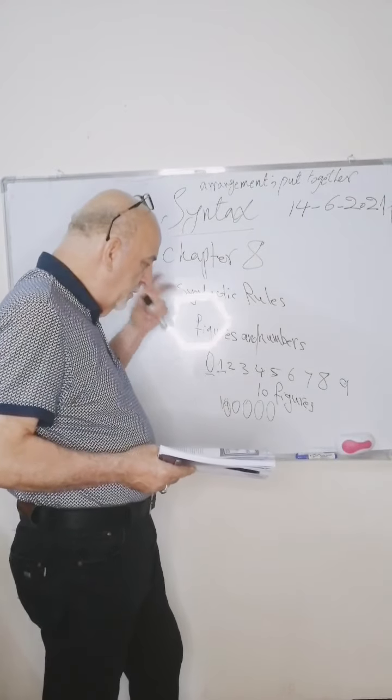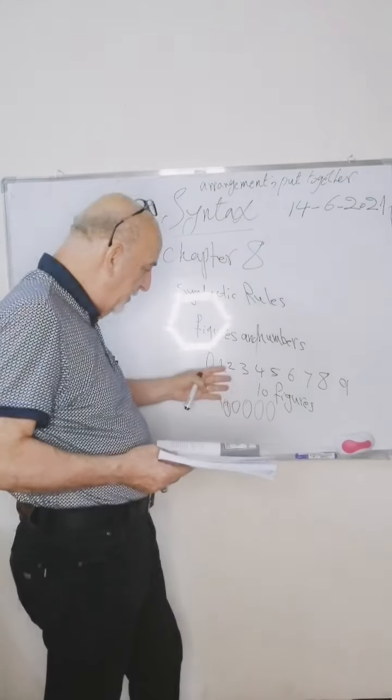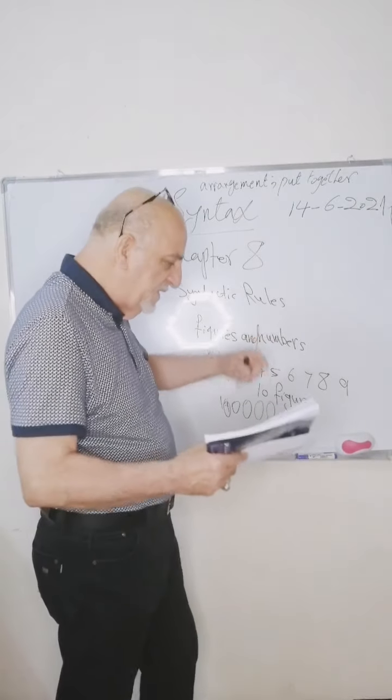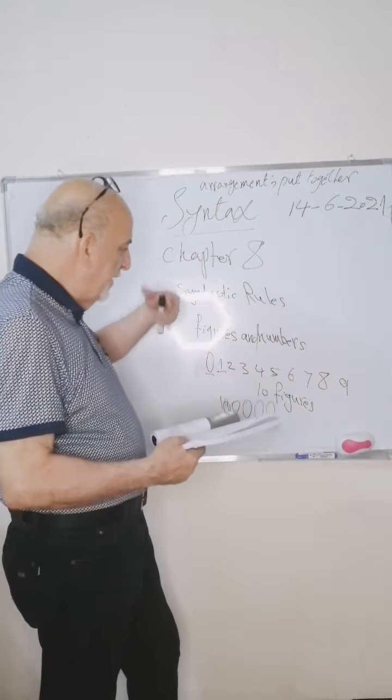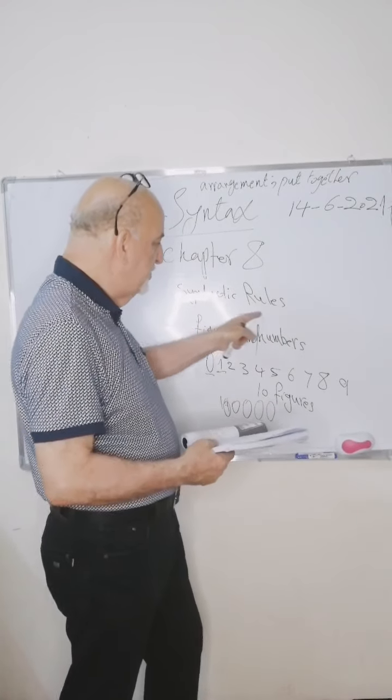Right. Now, having understood this, armed with this difference, we have distinguished between figures and numbers. This is a step that will help to understand the idea of syntactic rules.